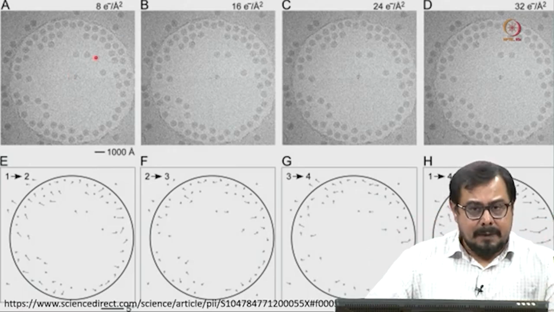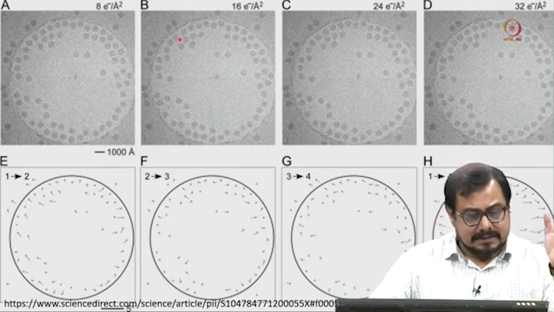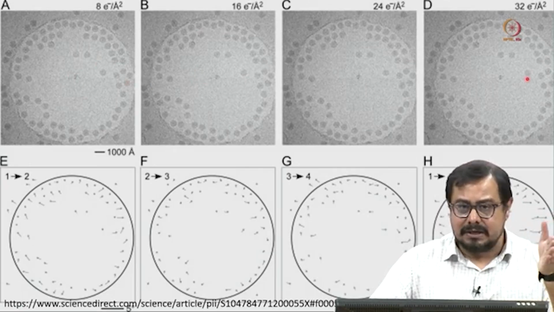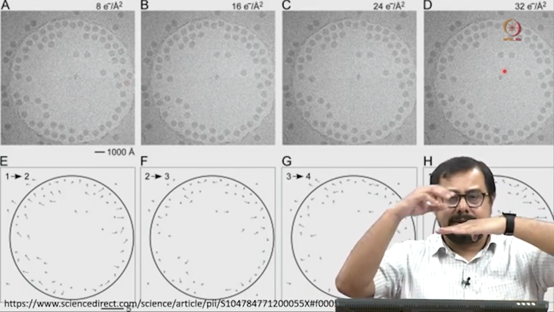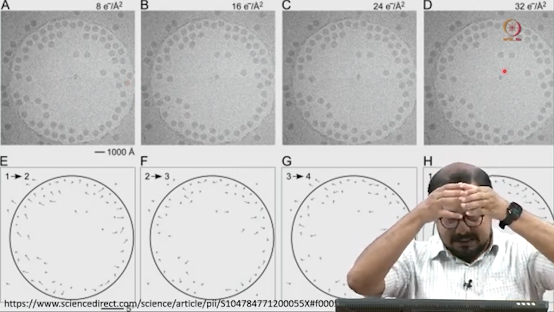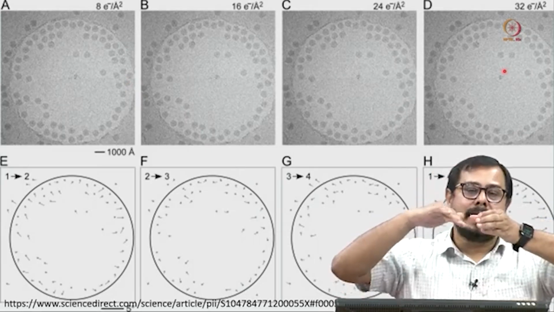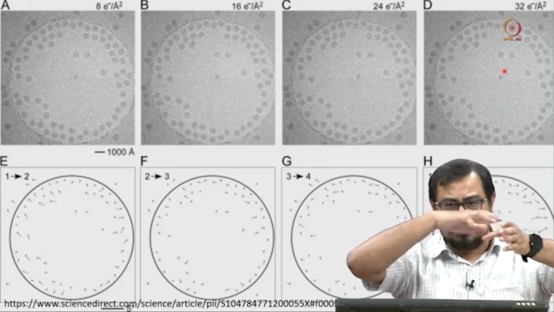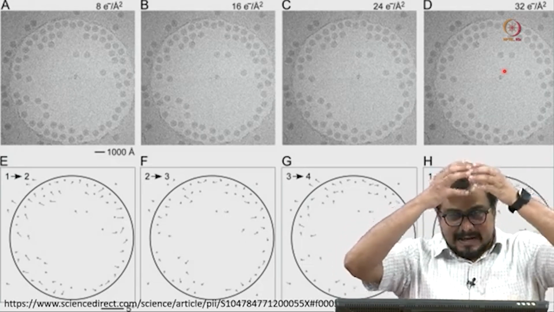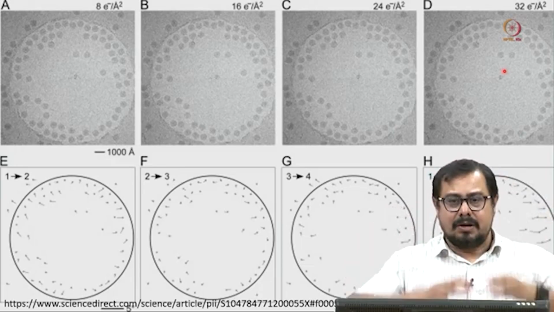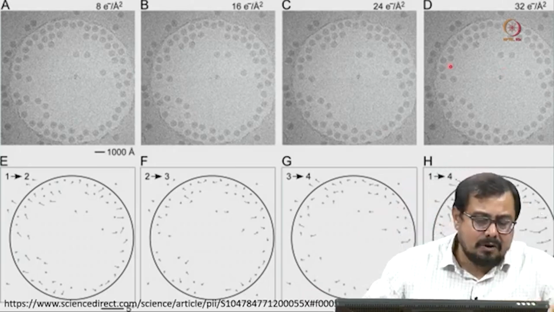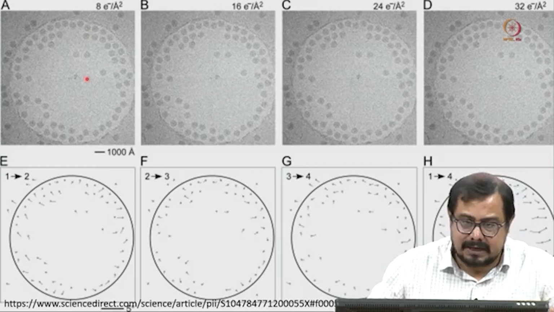Now, if you look at the next, it is the same hole we are constantly imaging. As I mentioned, if you are adding sample, it will be a buffer solution, and the protein will be well distributed inside the hole, and this entire thing you are plunging into liquid ethane. When you plunge into liquid ethane, it will form the amorphous ice, and you can see it here, the amorphous ice and the virus particles.